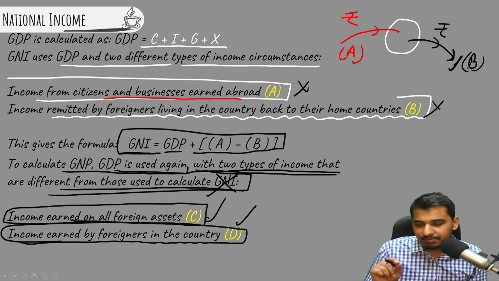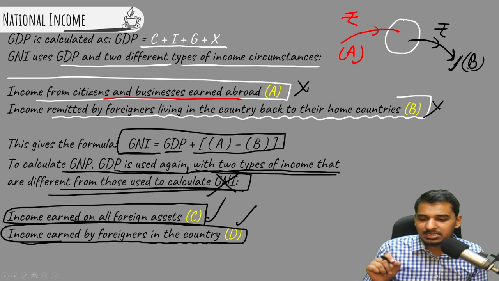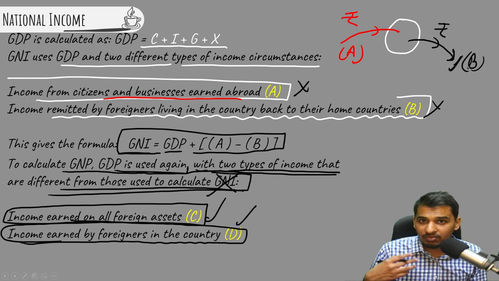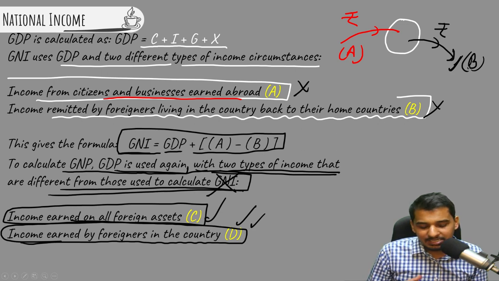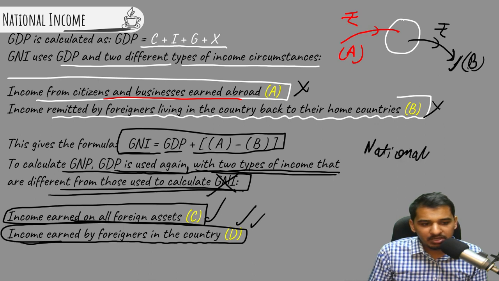So it will not take remittance, please remember this. Here it is just talking about income earned on all the foreign assets, whatever be the income, and income earned by foreigners in the country, it does not matter whether they have sent remittance or not. Because GNP, gross national product, is just concerned with how much the nationals of a country are earning.